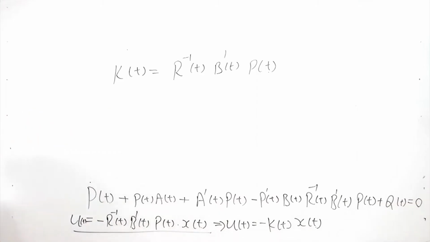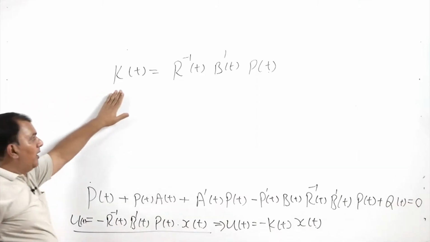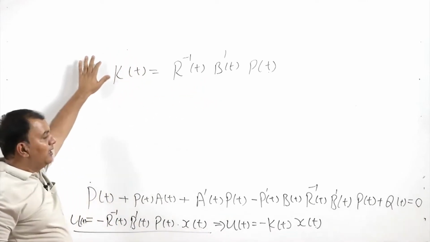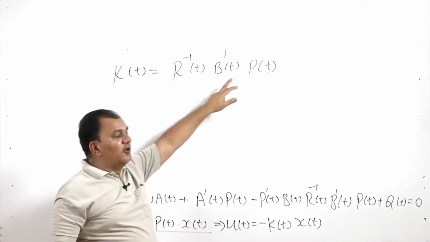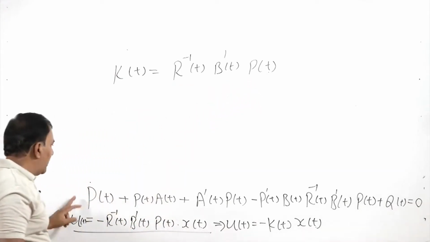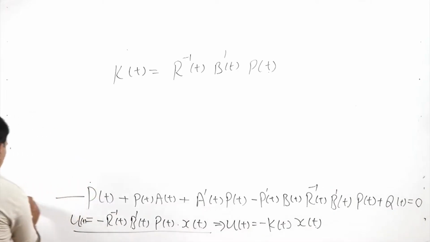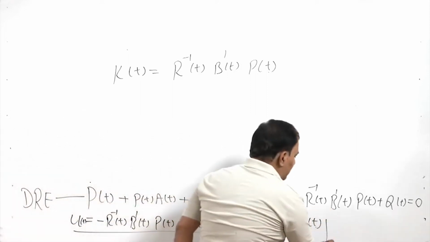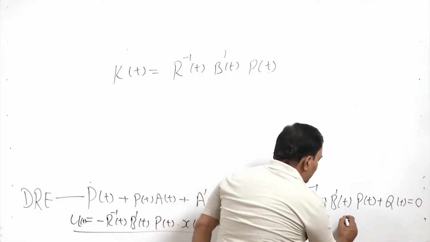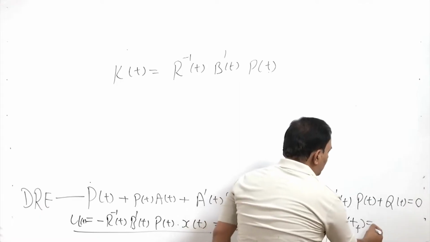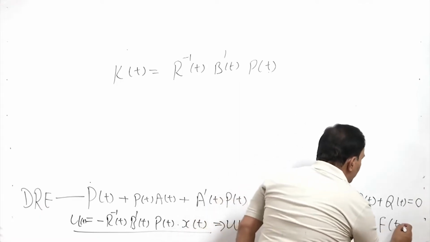So, for a linear quadratic regulator system, I have to find out the value of the Kt, which is R inverse B transpose Pt, and Pt is nothing but the solution of my differential Riccati equation, DRE, and this DRE can be solved using the final condition Ptf equal to f of Tf.